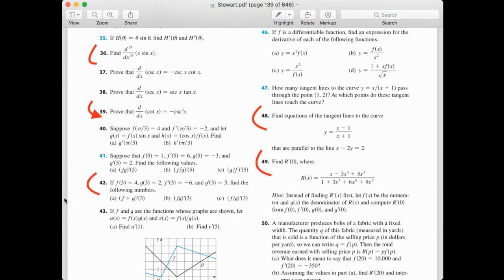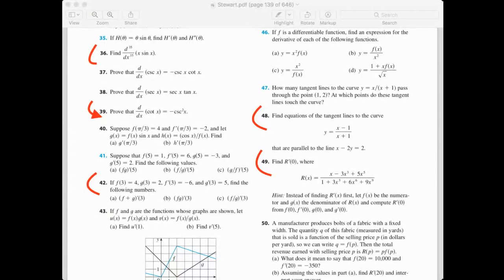Then I simplify: -6 times 2 is -12, plus 4 times 5, which is 20. So -12 plus 20 is 8. Okay, great. You got the credit.